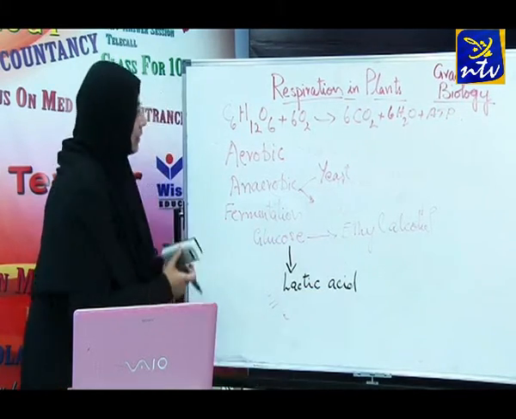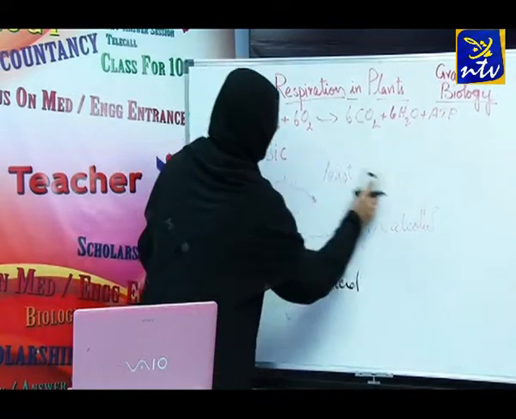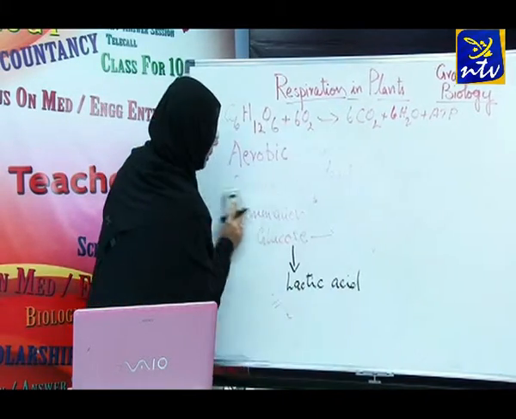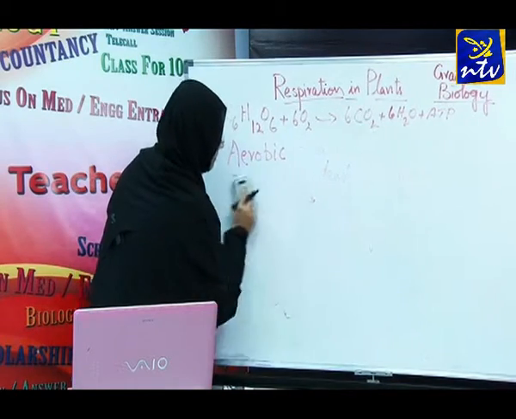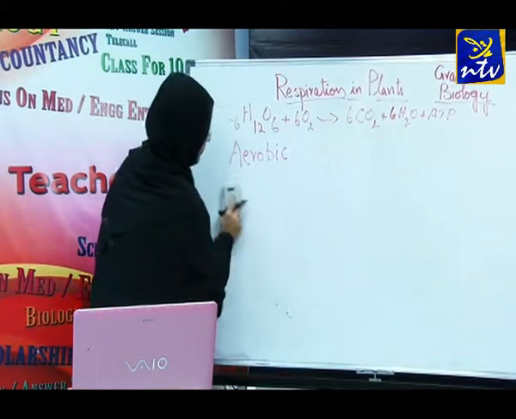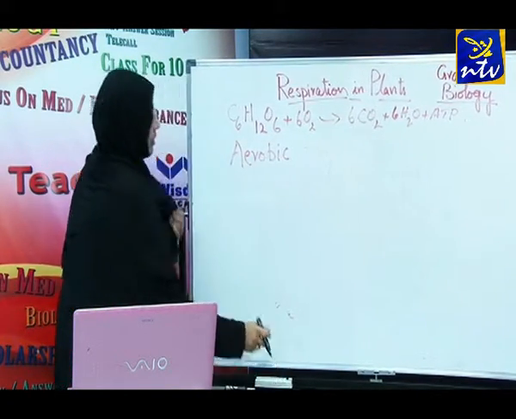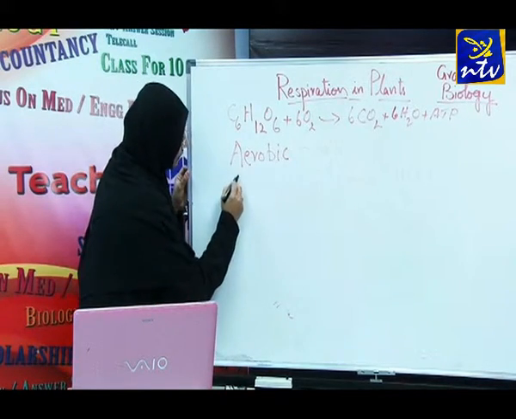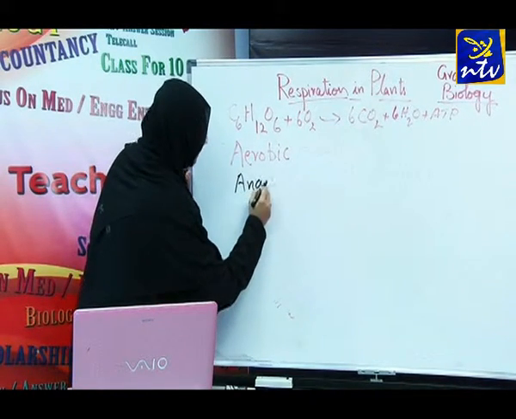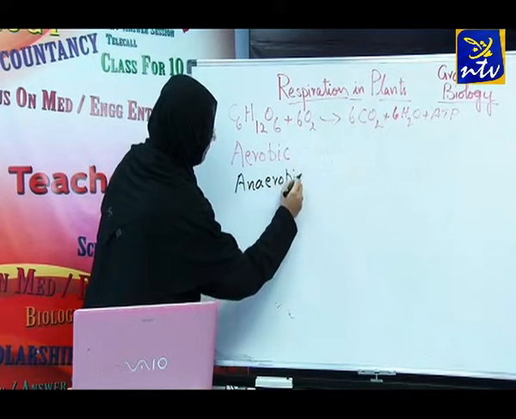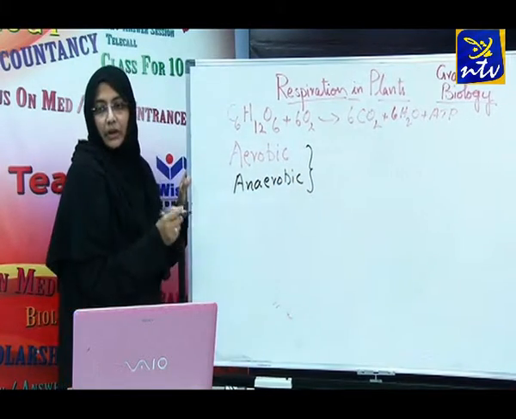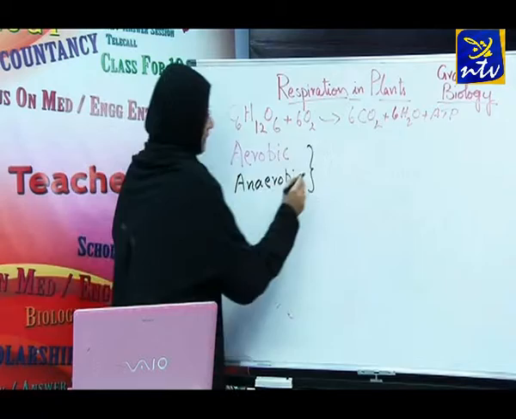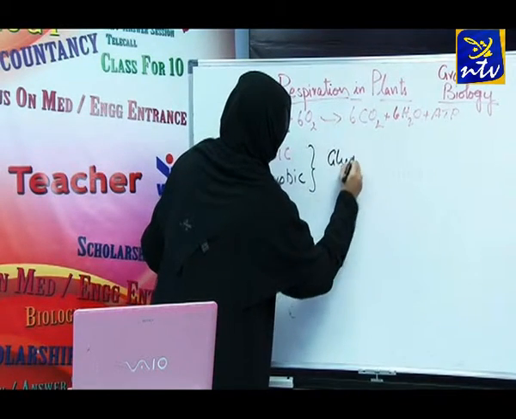Now let us see what are the main steps of these aerobic and anaerobic respiration. As I mentioned, for aerobic as well as anaerobic respiration, the first step remains the same, that is glycolysis.